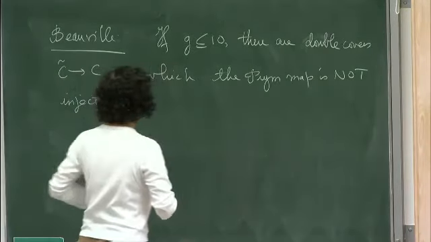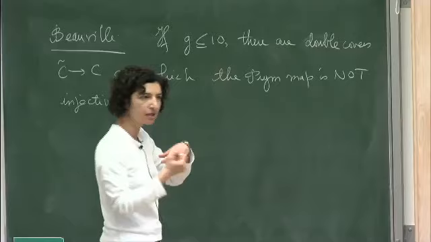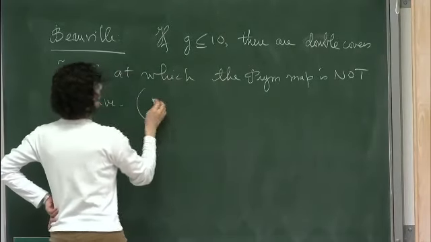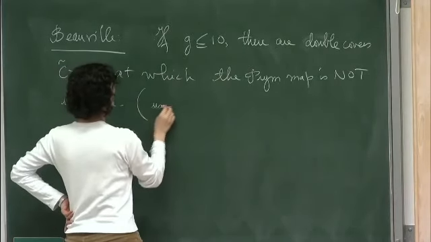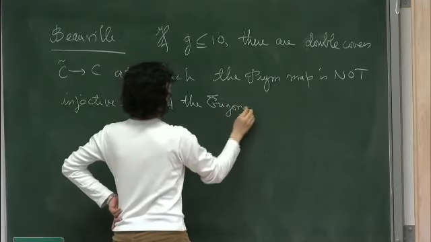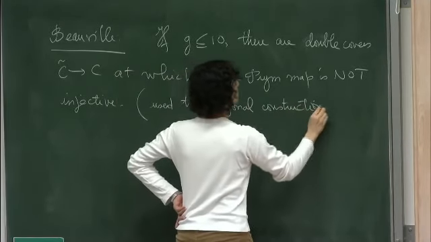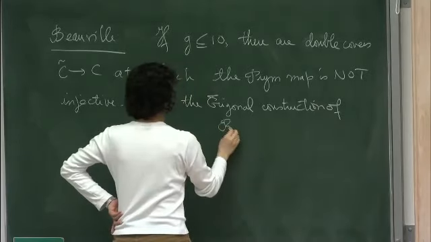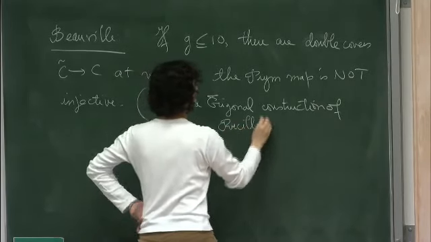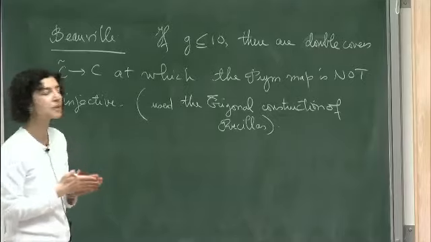Okay, and what he used was a very concrete construction due to Recillas, the trigonal construction, to produce these examples.